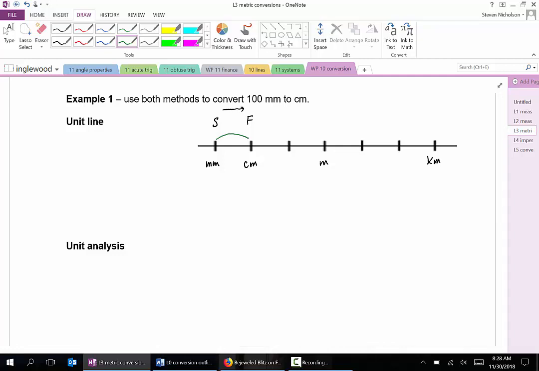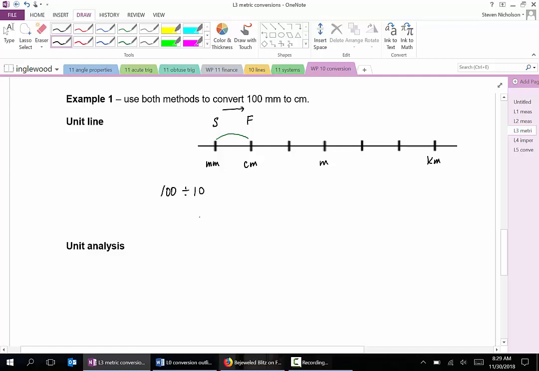So what I'm going to do is every one of those bounces, if I'm going to the right, is a divide by 10. So remember on the previous page, we said going to the right is dividing and going to the left is multiplying. So now that I have my start, my finish, and I know how many bounces I'm doing, now I'm just going to get my calculator out, and I'm going to start at 100, and I'm going to divide because I'm going to the right, and I'm going to divide by 10 because I'm only going by one bounce.